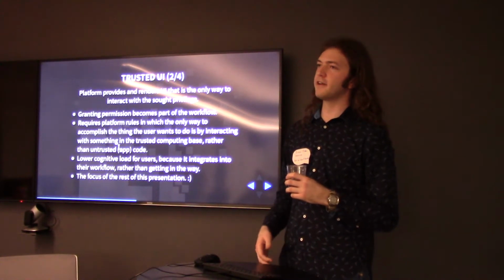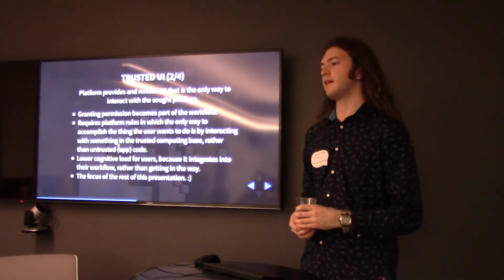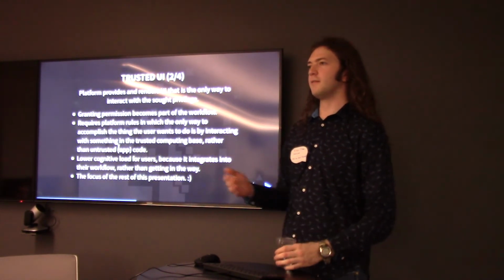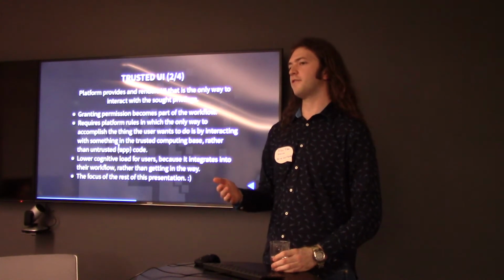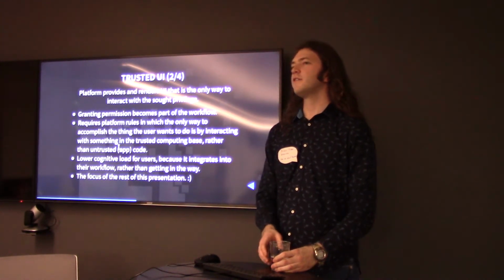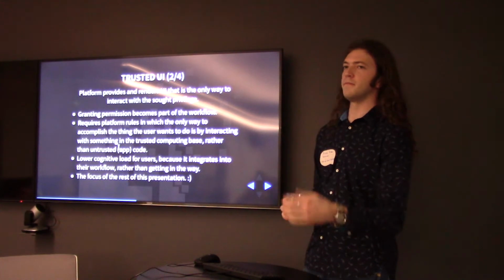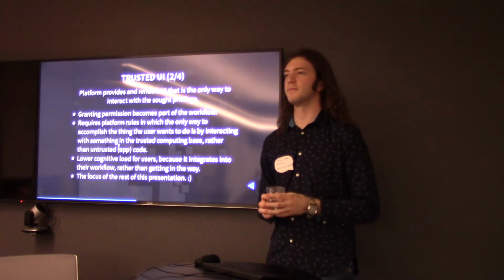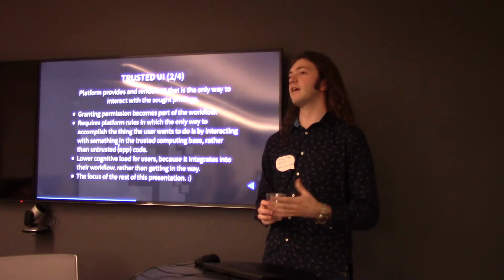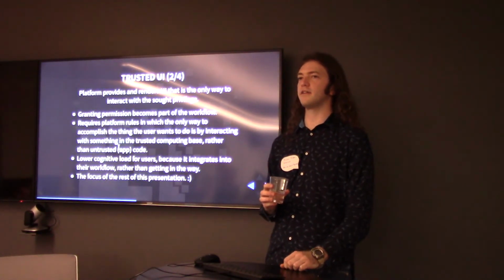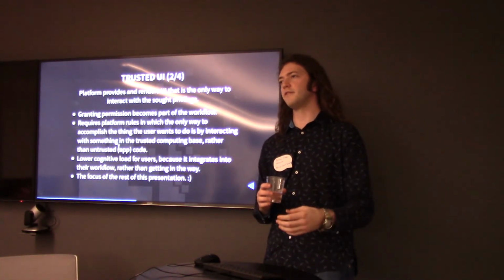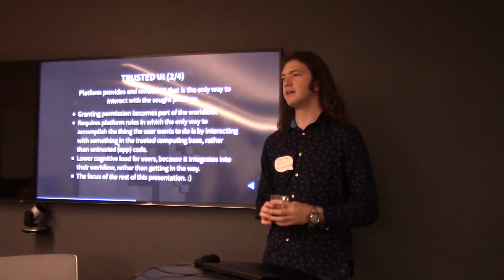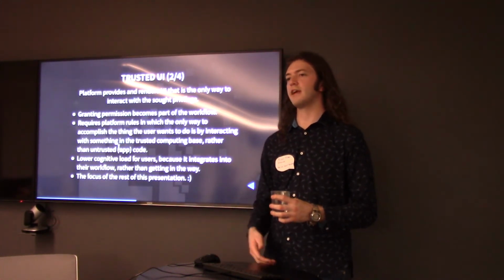And so this requires that the platform be designed in such a way that the only way to accomplish the thing that you want to do is through this trusted UI. So another example from mobile phones of something that could probably benefit from trusted UI would be sending SMS. Right now, in Android world, there is a permission that lets you send and receive arbitrary SMS.